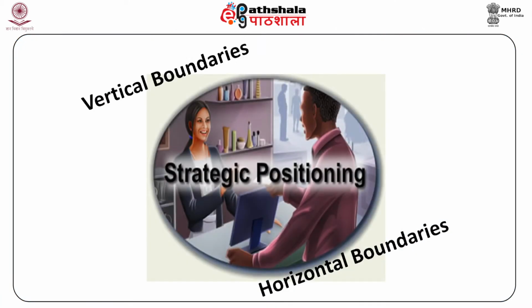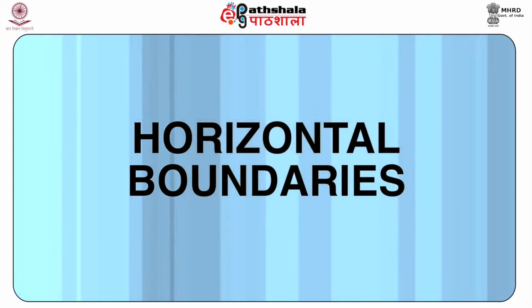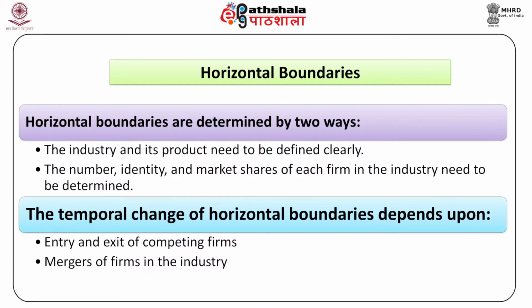Strategic positioning of a firm demarcates its boundaries as vertical boundaries and horizontal boundaries. The horizontal boundaries. Horizontal boundaries of a firm are demarcated by its direct competitors. Direct competitors are the firms who produce a similar kind of product. Horizontal boundaries are determined in two ways.